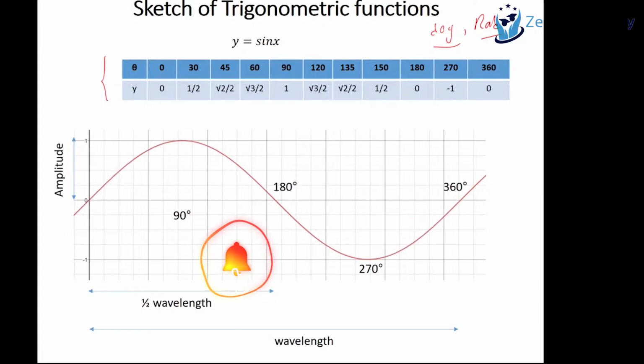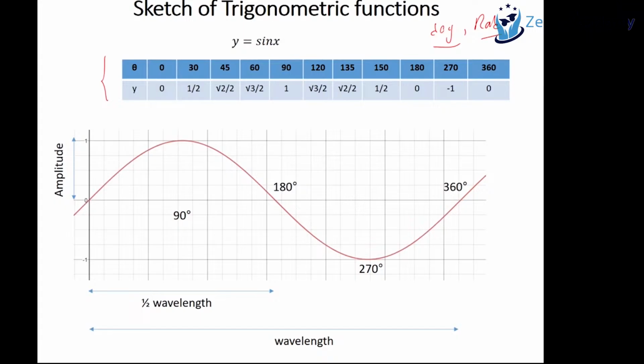Usually in your calculator, there is a symbol on top of the screen which says D or R. D means the unit of the angles you input would be degree, and R would be radian. In this example, let's input these values. Sine 0 is 0, sine 30 degrees is half, 45 degrees is square root 2 over 2, sine 60 is square root 3 over 2, and 90 is 1.